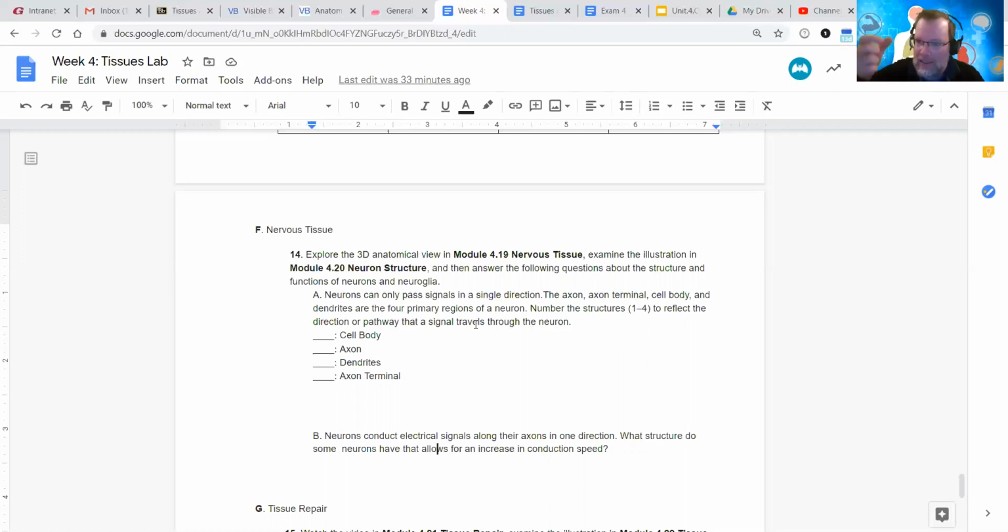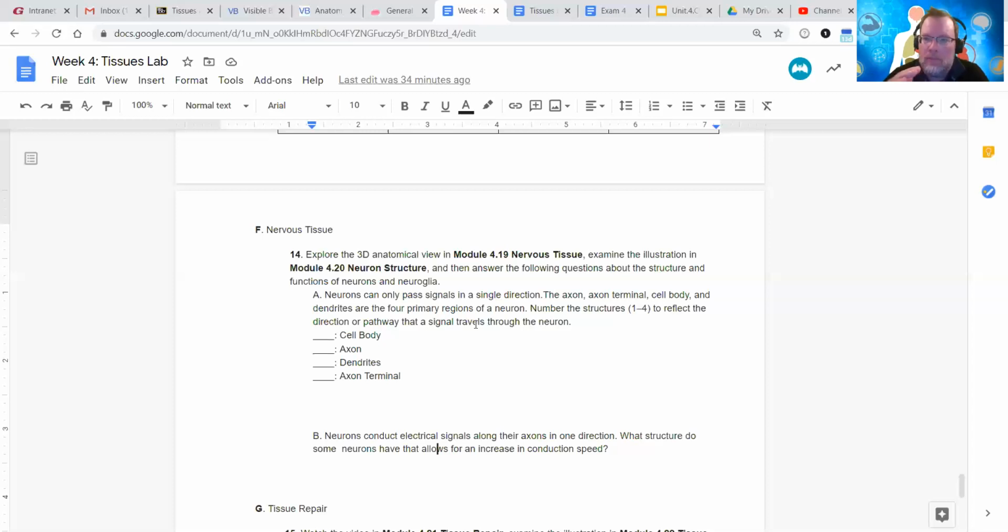The one axon tail of the neuron is going to continue to perpetuate that signal all the way down to what we call the terminal. Terminal means terminate, right? The end. So that's an indicator that we're at the end of the line. The axon terminal is where the transmission is going to end at that specific neuron, and then it's going to jump over and connect with a neighboring neuron's dendrites.